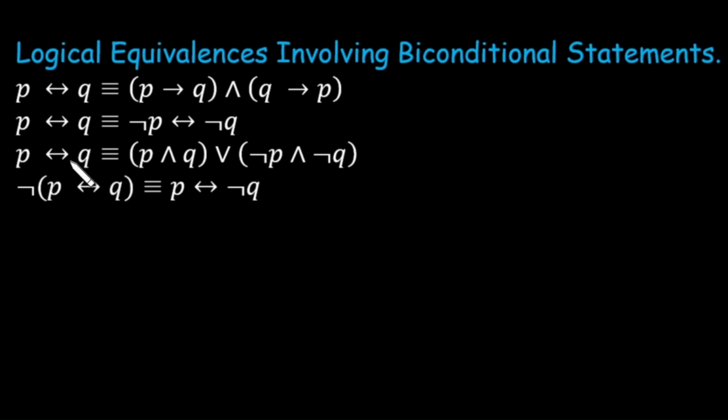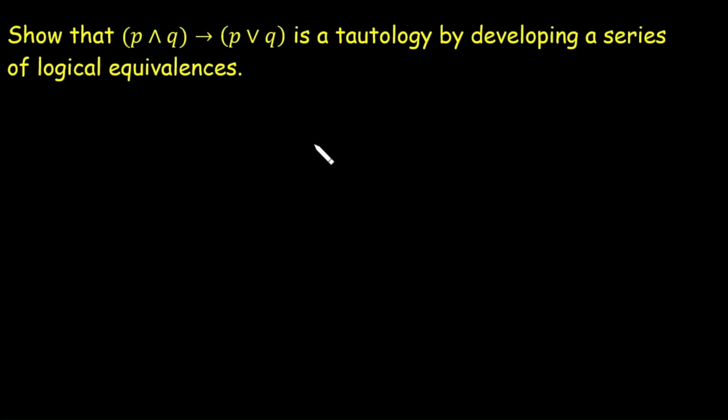Moreover, this is logically equivalent to P and Q or negation P and negation Q. Last but not the least, negation of a biconditional statement is logically equivalent to the first proposition as it is, biconditional with not of Q.